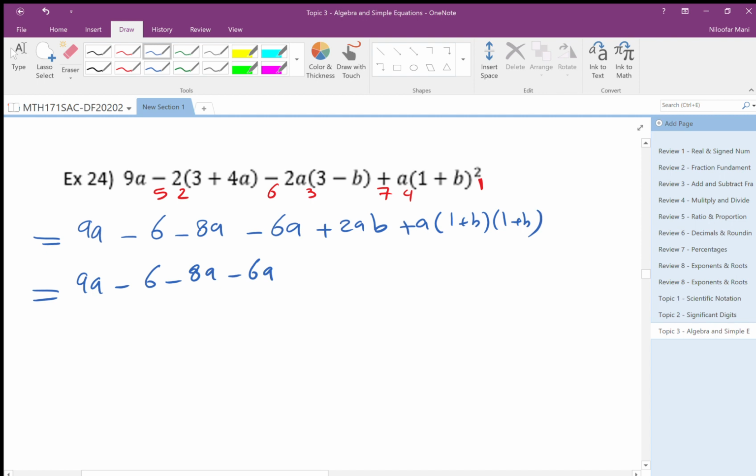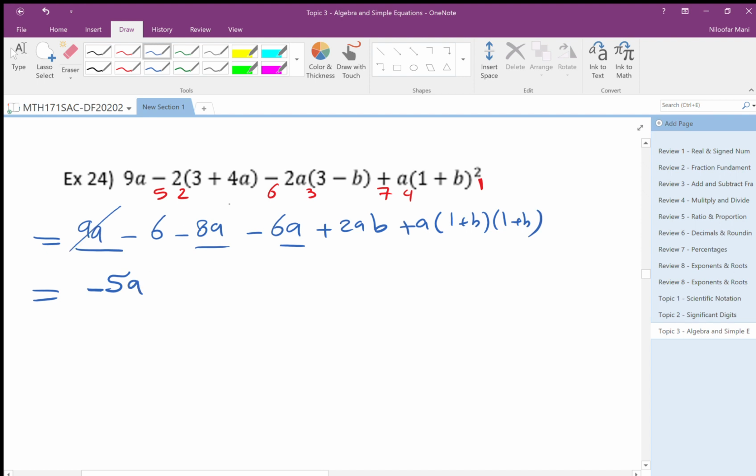So 9a minus 6 minus 8a minus 6a, I can show all of them, just until the last step and then show you. But I can also simplify in the middle, if I can. So for example, I can say this one and this one and this one together. For example, I can say 9a minus 8a. I can make it easier for myself. 9a minus 8a, so it's minus 5a.